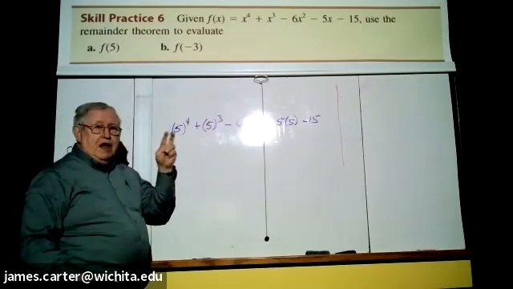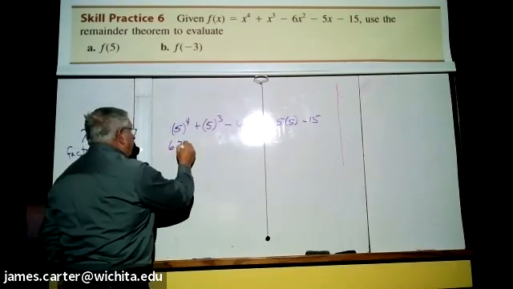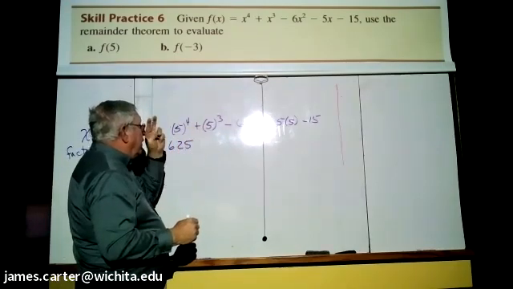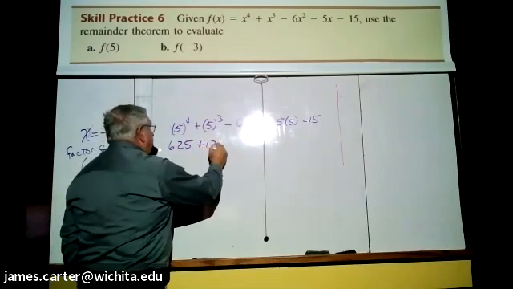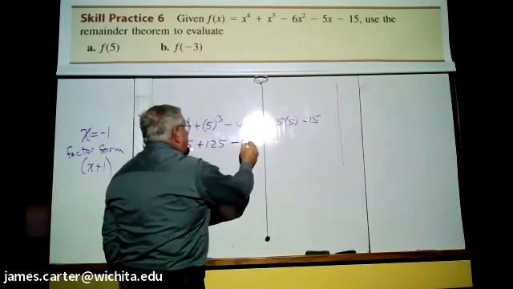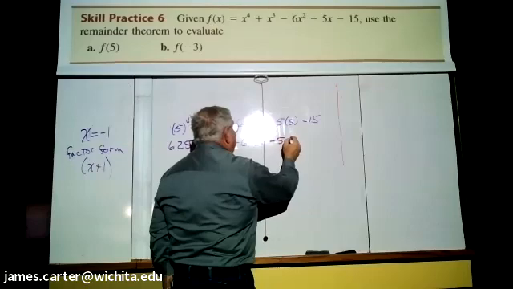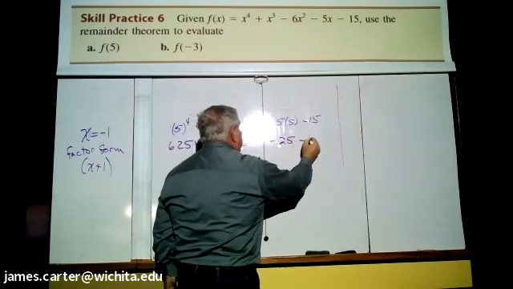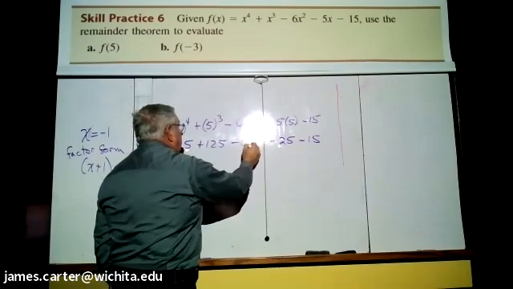5, 25, 125, 625. Here I've got 6 times 25. And here I've got 5 times 5, which is just 25, minus 15. Well, 6 times 25 is 150.